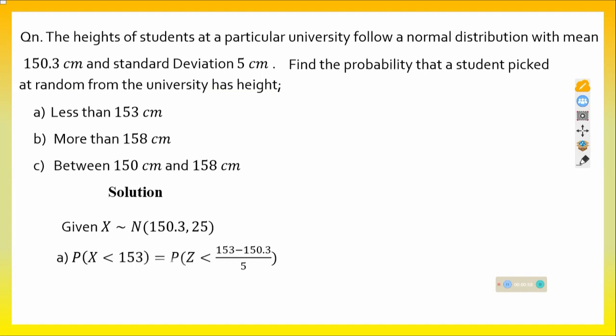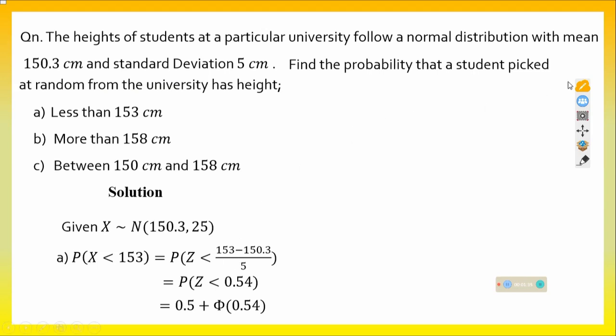So if we need the probability of x less than 153, we shall standardize. When we standardize x, we say x minus mu divided by standard deviation, and we shall get z. So we do the same for 153, we subtract mu, we divide by standard deviation. So from there, we shall have probability of z less than 0.54. From our definition, we can write this as 0.5 plus the table reading of 0.54.